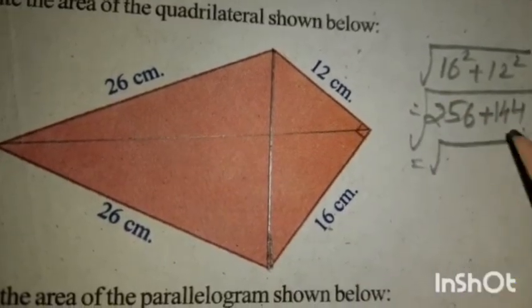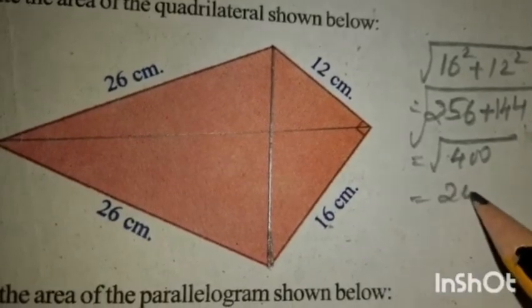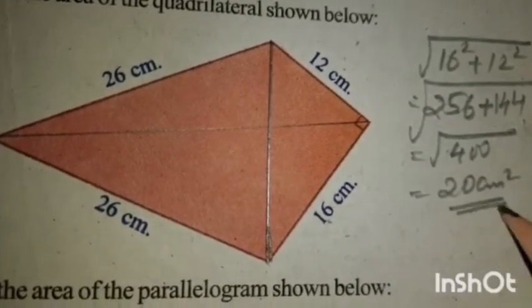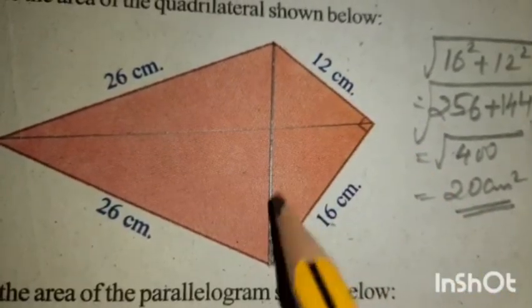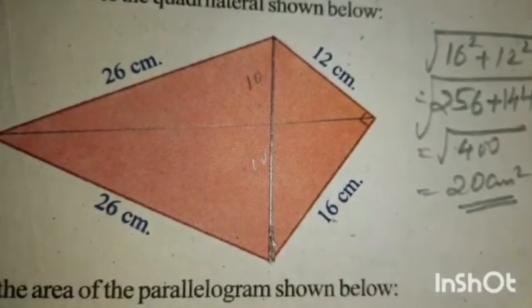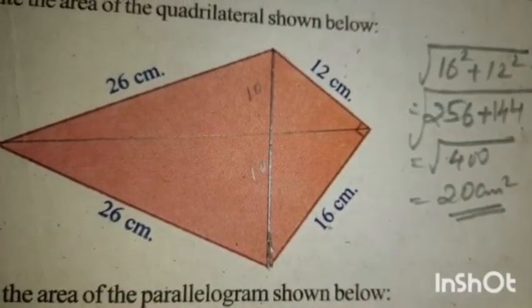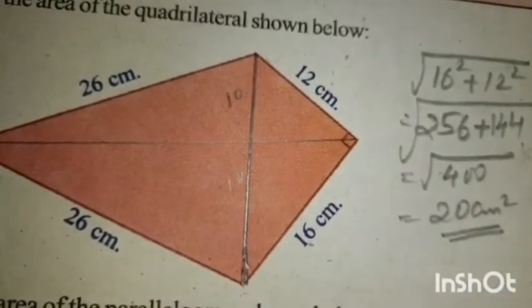So you are getting root of 400. Root of 400 is 20 centimeter. So that 20 centimeter is the length of this diagonal. So you can consider this is 10 centimeter and 10 centimeter. 20 centimeter is the length of the smallest diagonal.